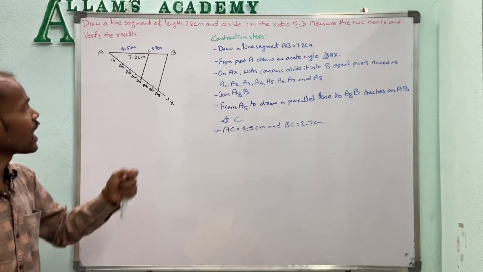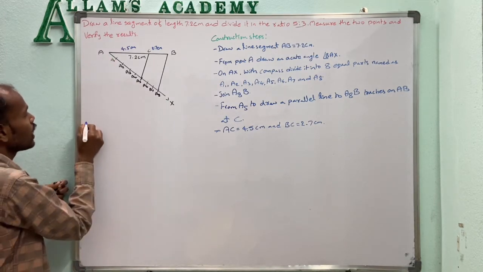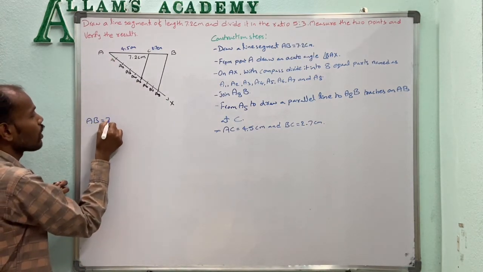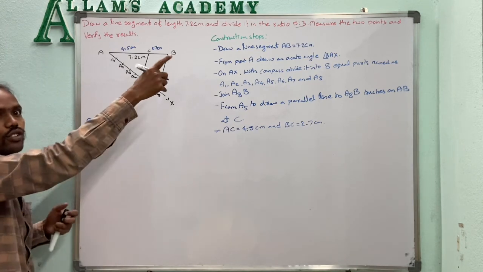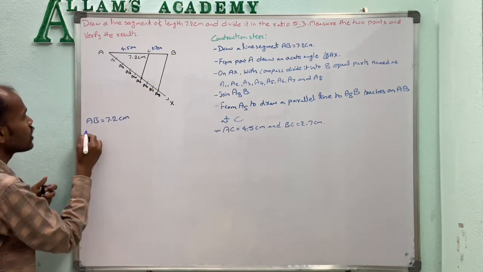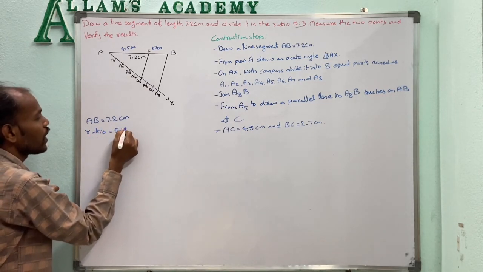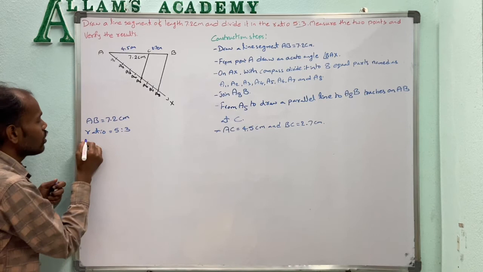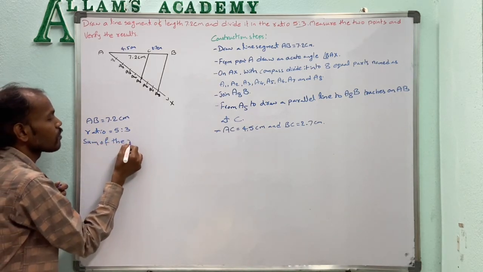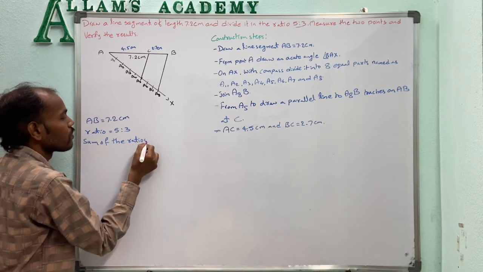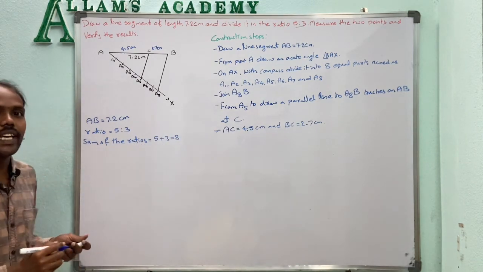In our earlier classes we studied this model. AB equals 7.2 centimeters is given, and we have to divide it in a 5:3 ratio. The sum of the ratios is 5 plus 3 equals 8.